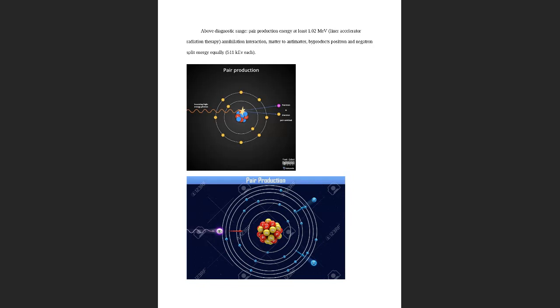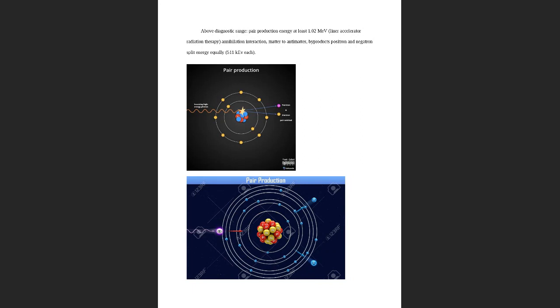Now, the next interactions are interactions that occur well above our energy range for diagnostic X-ray. So the first one we'll talk about is pair production. In pair production, we have to have an energy of at least 1.02 MeV for this to occur. Okay, so we're talking like linear accelerators, radiation therapy levels.